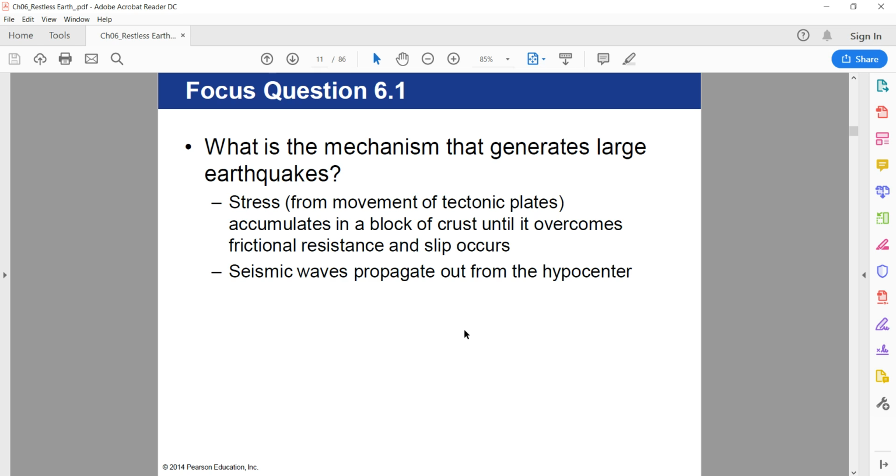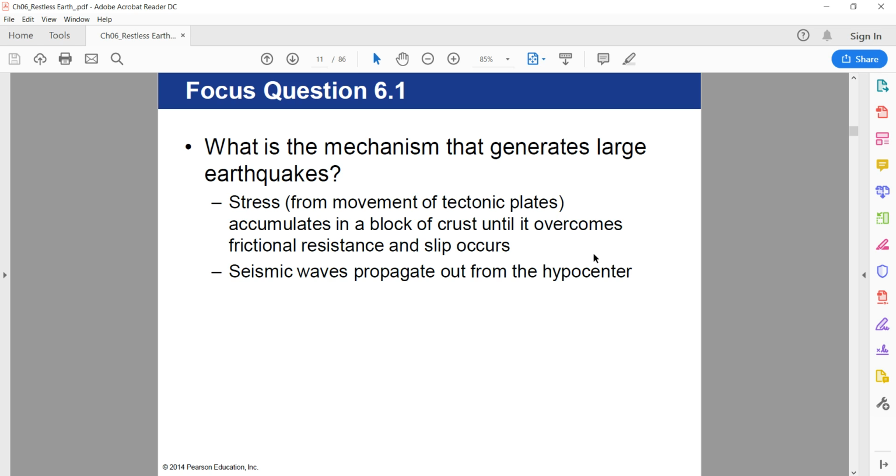So what is the mechanism that generates large earthquakes? Make sure that you know this and remember this. This will be in your test. Stress from movement of tectonic plates accumulates in a block of crust until it overcomes frictional resistance and slip occurs. You can write this in your own words.